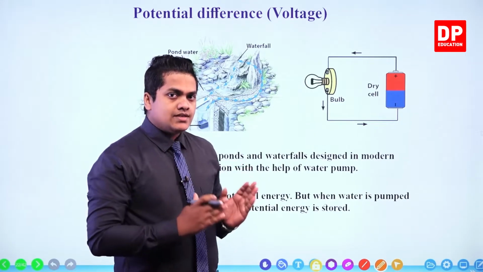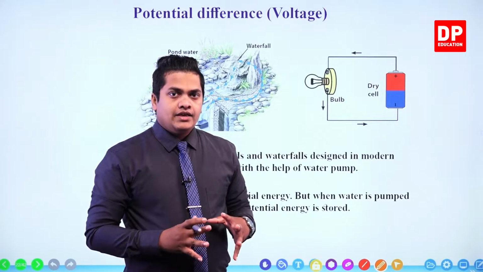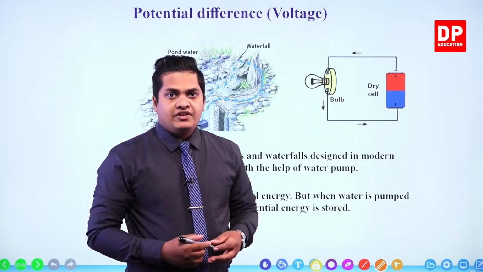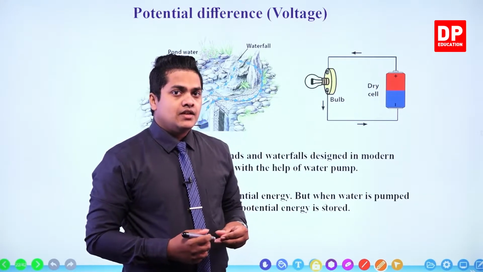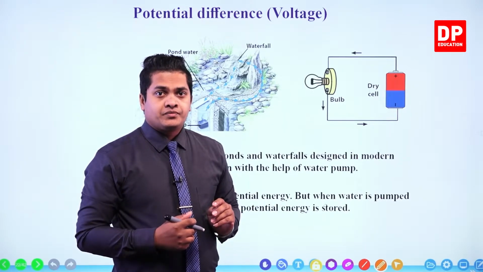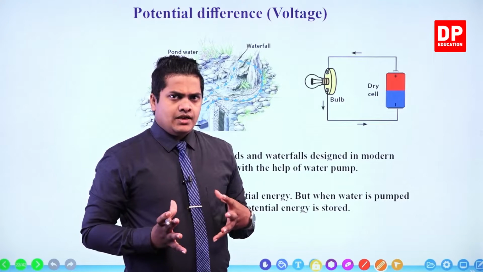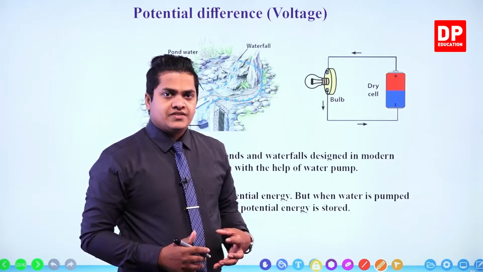Now, this is another type of measurement that we take when dealing with electricity. This measurement is referred to as the potential difference or the voltage. Now let's see what this potential difference or voltage is.